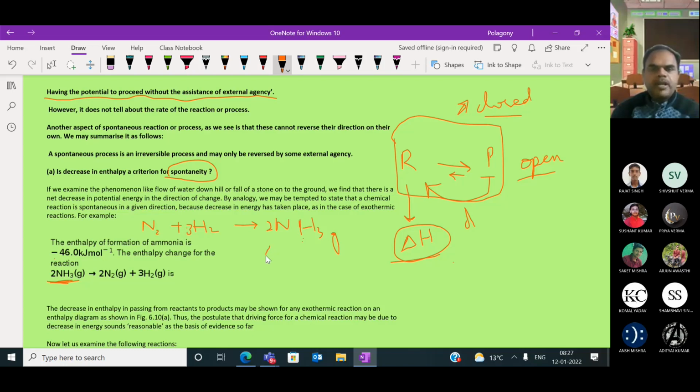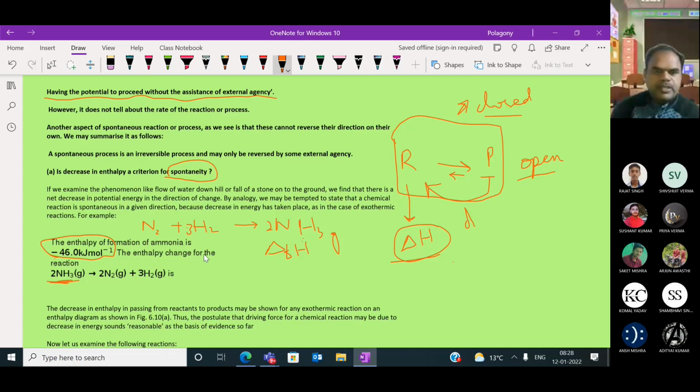So here the enthalpy of formation will be delta f H naught, the standard enthalpy of formation. How much is given here? This is minus 46.0 kilojoules per mole, the enthalpy of formation of ammonia.